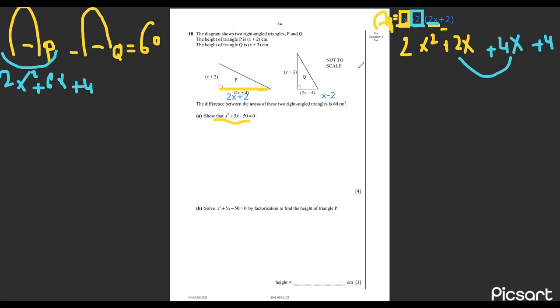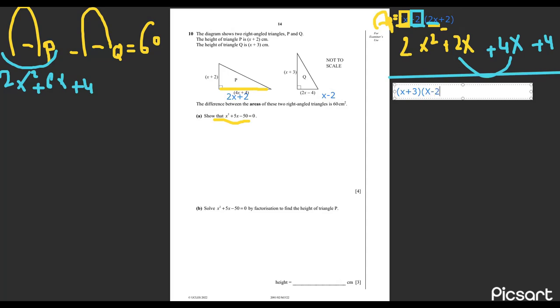Then let's get the area of the second one, which is the area of triangle Q. We say x plus 3 multiplied by x minus 2.